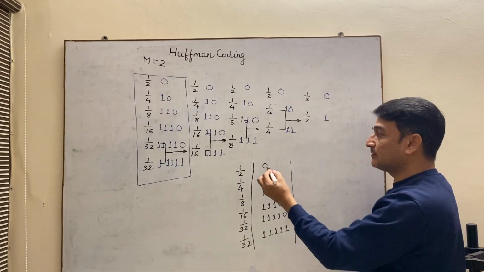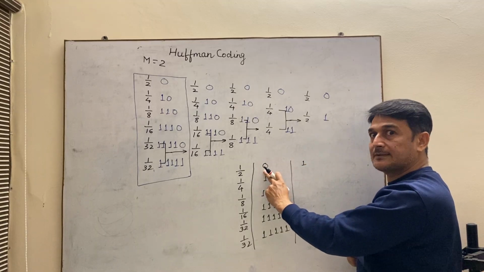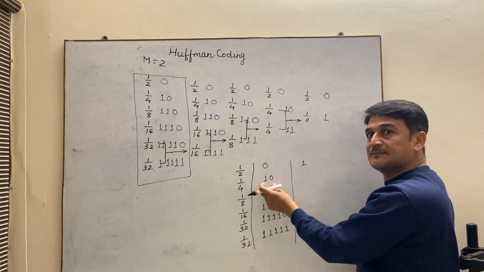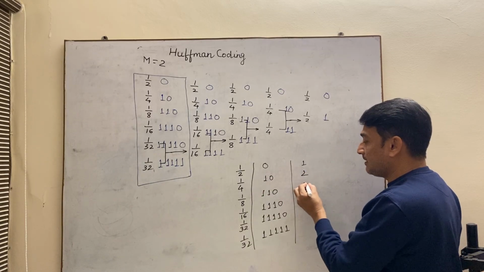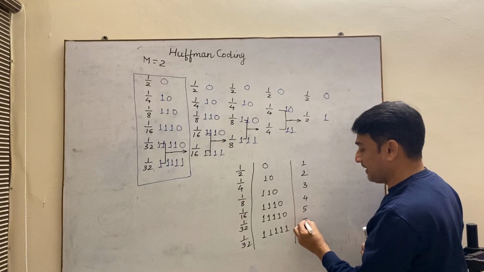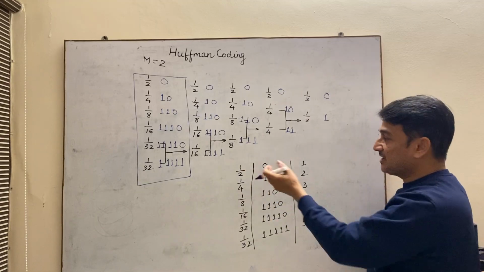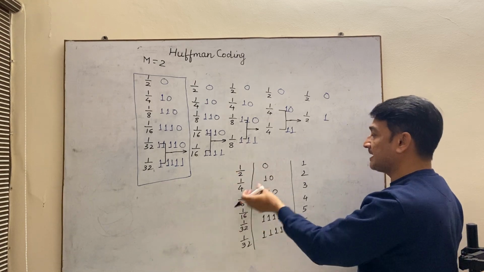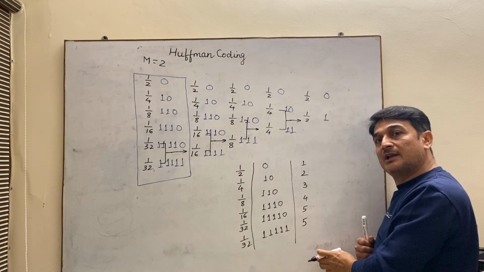The code length for this particular message is 1 because you are using only one symbol. Code length for this message is 2 because using two symbols. Here code length is 3, 4, 5 and 5. So this is how you can write the different messages and their corresponding codes and their corresponding code length.